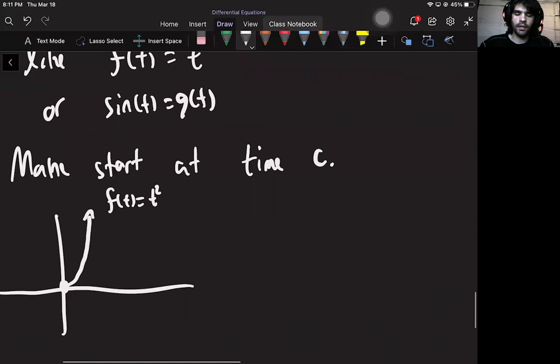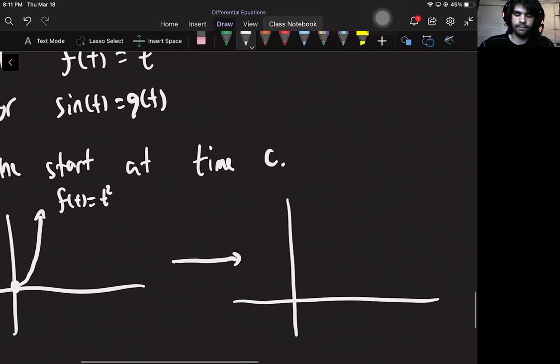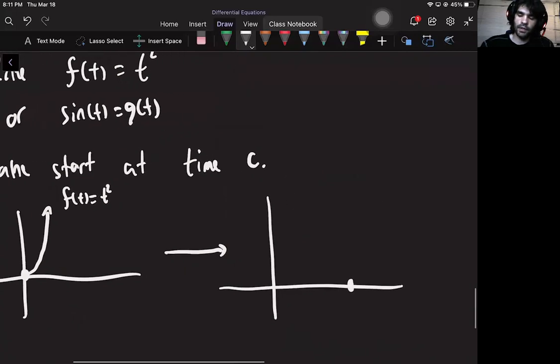But what if I wanted to start at a different time? Well, all I have to do, if I wanted to instead say start at time 5 and do the same thing, what I'm saying is I want it to just be 0, 0, 0, 0, and then all of a sudden turn on like that.